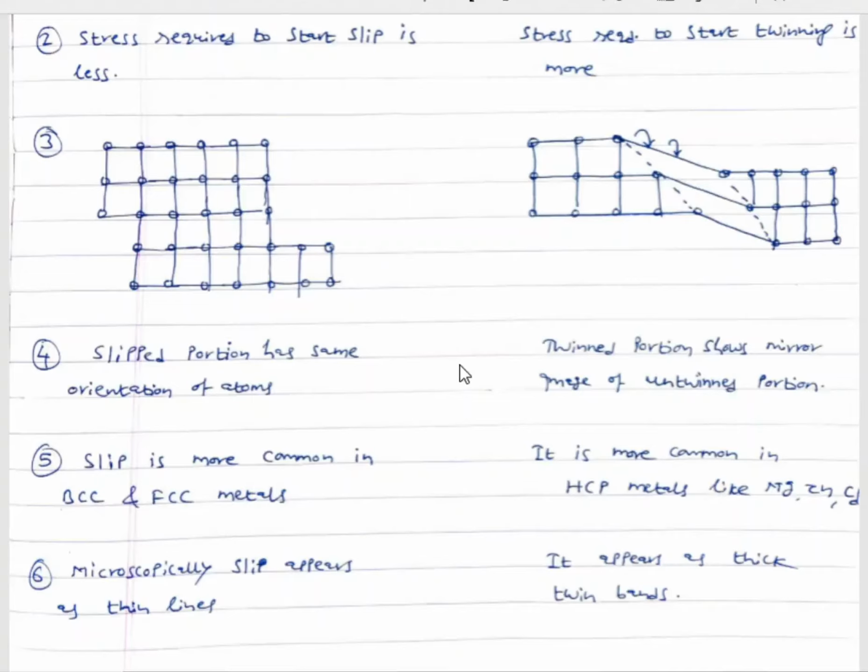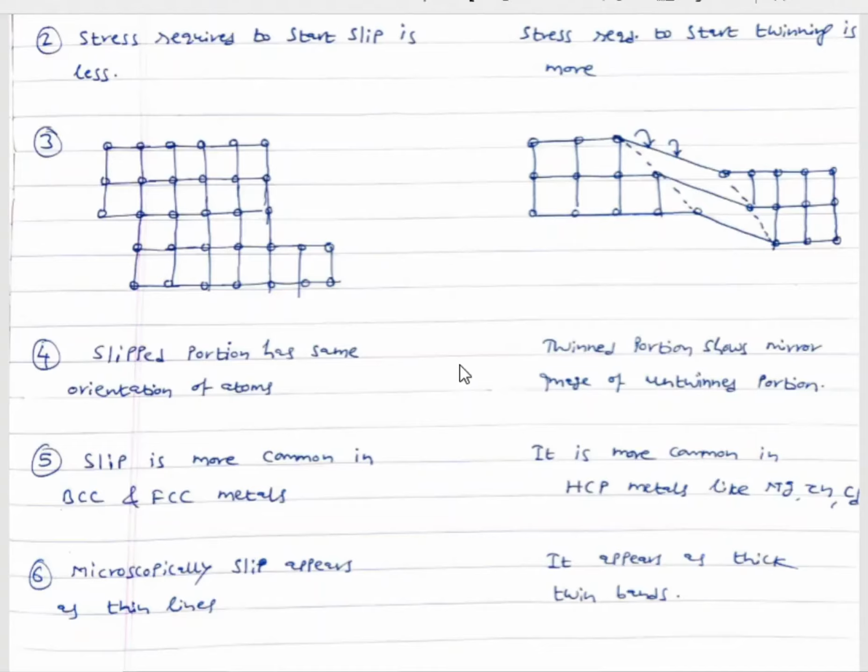Point number 5, slip is more common in BCC and FCC metals. BCC means body centered cubic crystal structure, and FCC means face centered cubic crystal structure. While twinning is more common in HCP metals like magnesium, zinc, cadmium, zirconium, beryllium, etc. Normally, twinning is rarely favored.